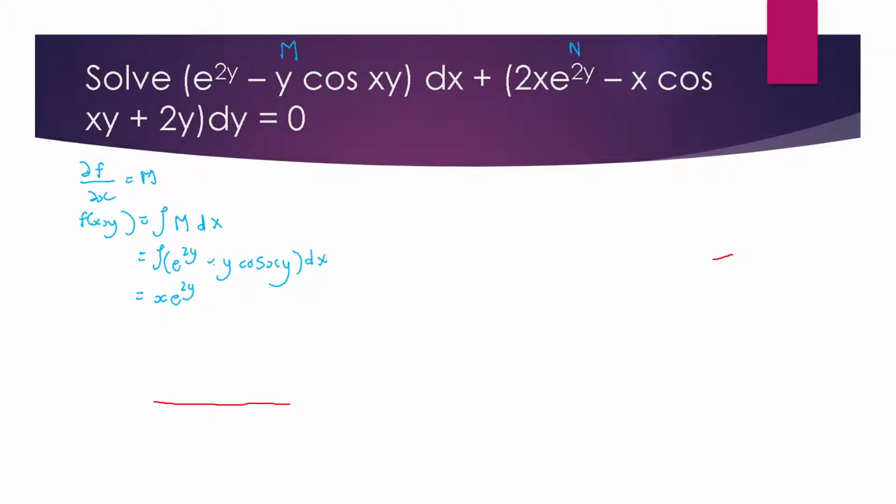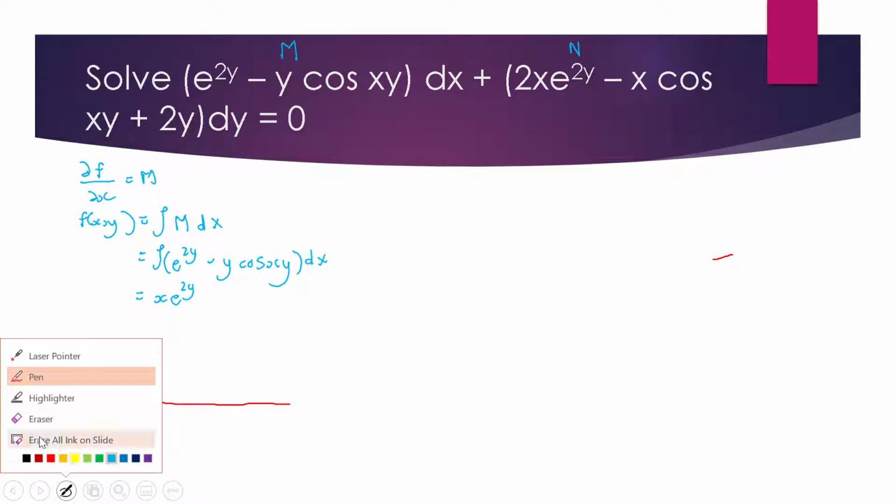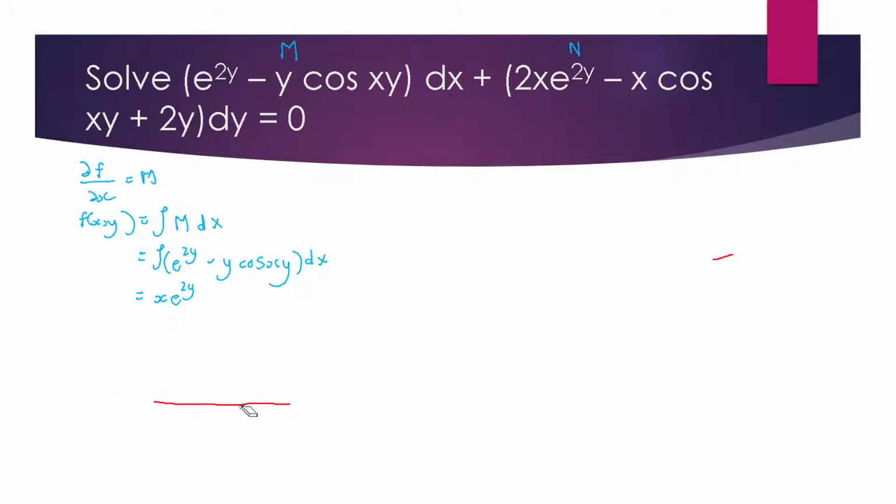Then you integrate the second term. Do it slowly. You integrate e^(2y) with respect to x, and then integrate y cos(xy) with respect to x.